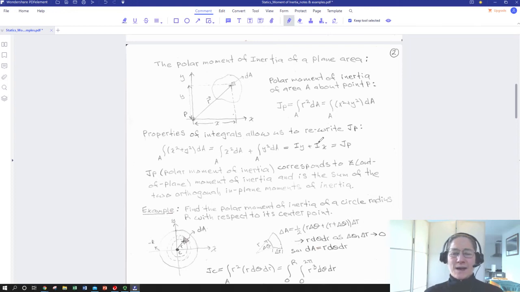So if you have already calculated your I sub x and your I sub y, and you want to look at what the moment of inertia of that same body would be if you swung it around the axis perpendicular to the two you've already defined, all I have to do is add them up. That's very, very convenient.